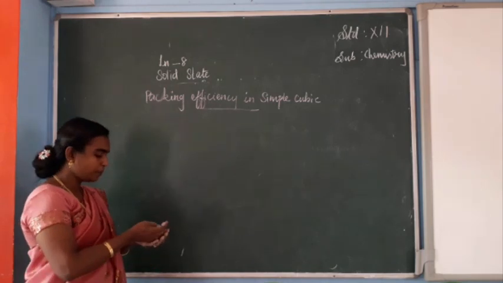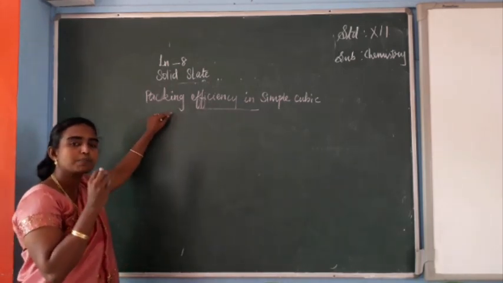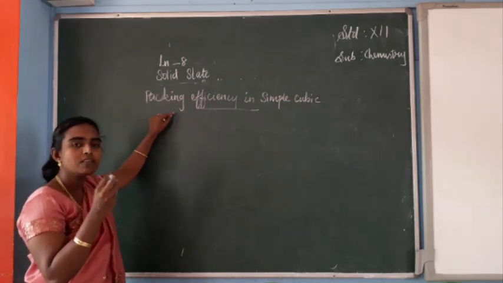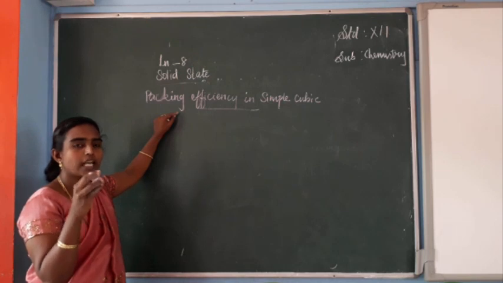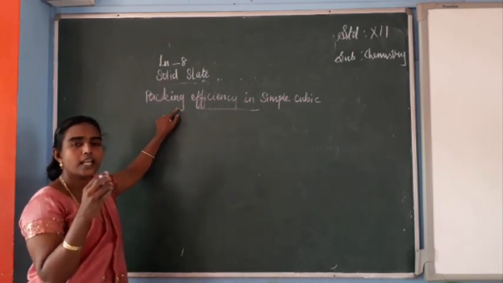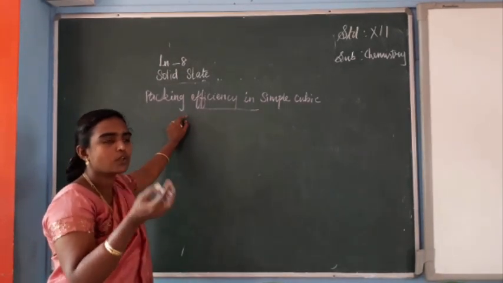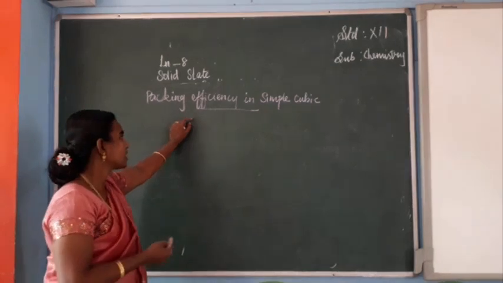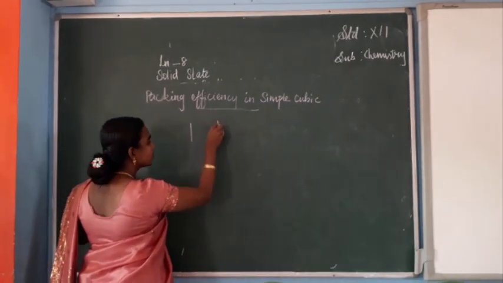So, simple cubic arrangement, how can we calculate? The volume of spheres occupied in one unit cell should be multiplied by the total number of atoms. In simple cubic arrangement, the total number of atoms is Nc by 8, which is equal to 1, isn't it? So from this we can calculate. Listen, I will draw the simple cubic arrangement.